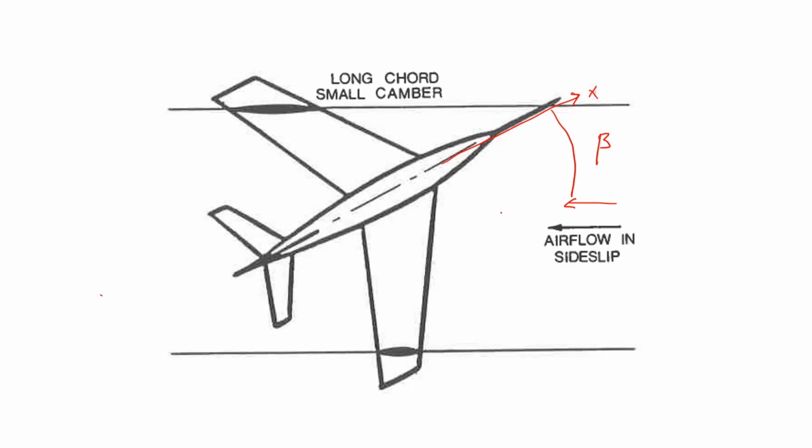Okay. So the flow is coming along this direction. This is the direction of the flow on this wing, and this is the direction of the flow on the other wing. Now, which component of the flow on the wing is going to produce lift?